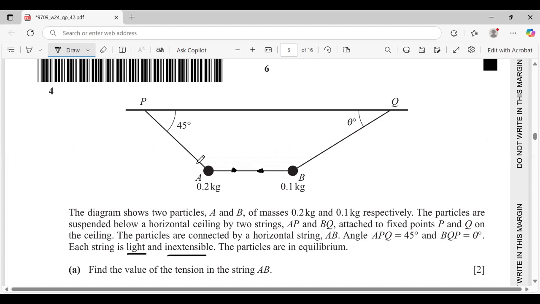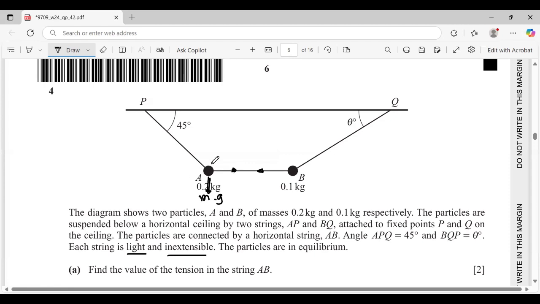Several forces are acting on this particle. First, this is m times g downwards, mass times g, 0.2 times 9.8.